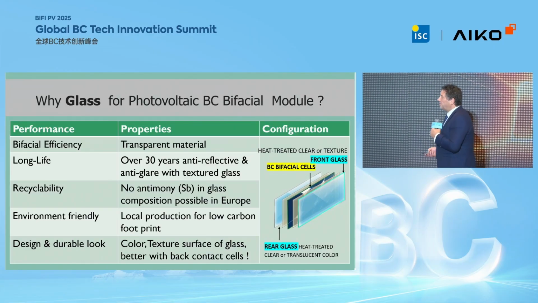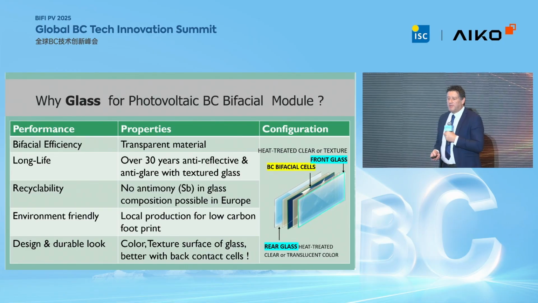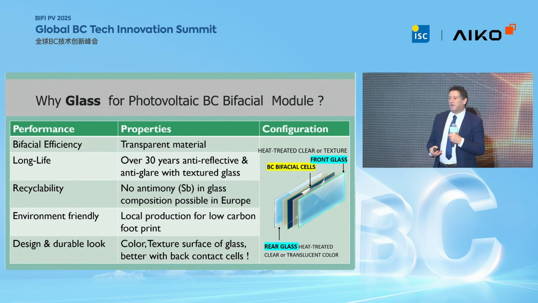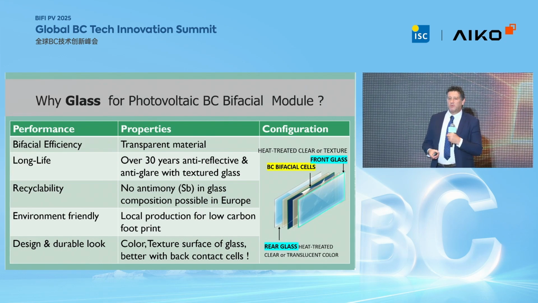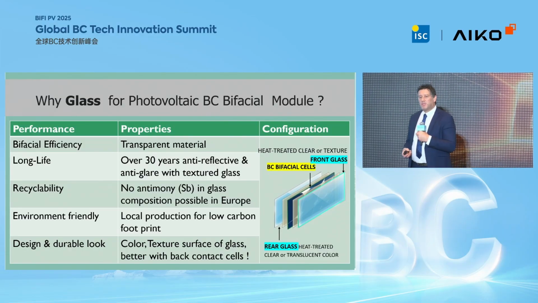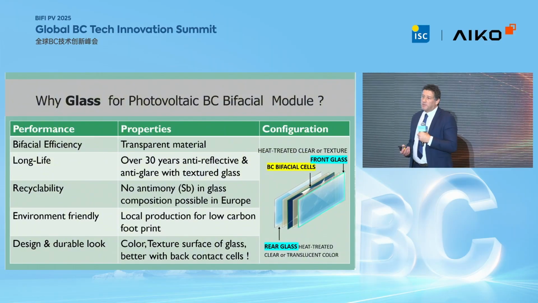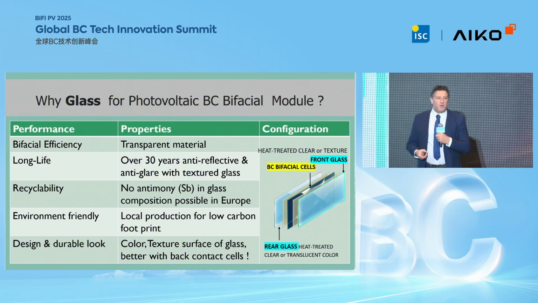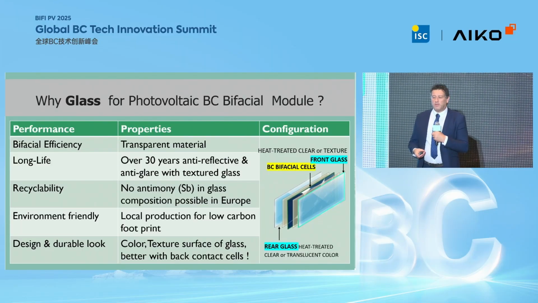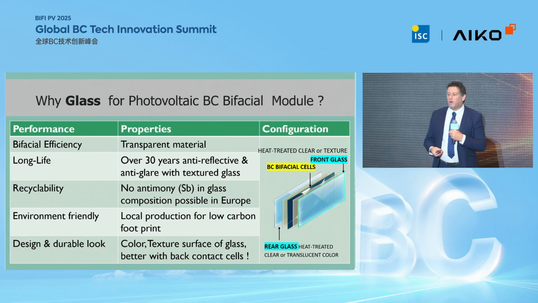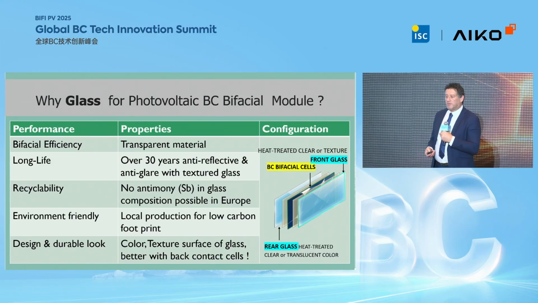A very important point also is recyclability. So when we produce it in Europe, we are able to certify that we have no antimony in the glass composition. It means that we can recycle it in all the different transformations of other types of glass, like glass for drink and containers.